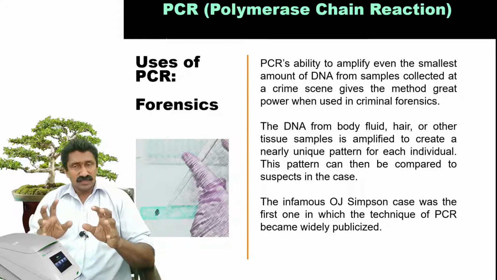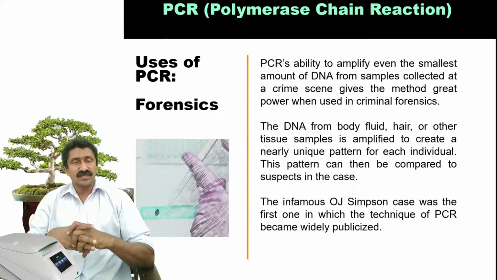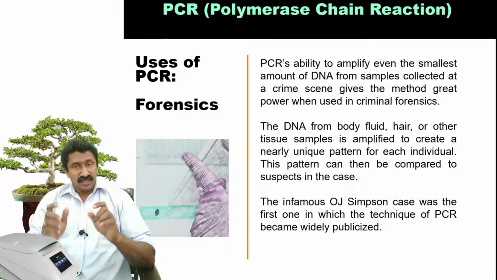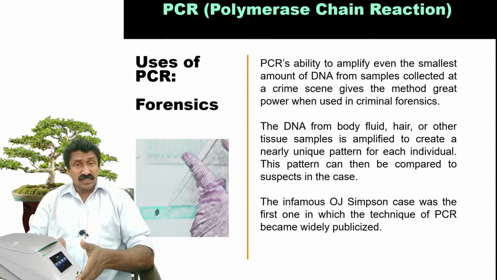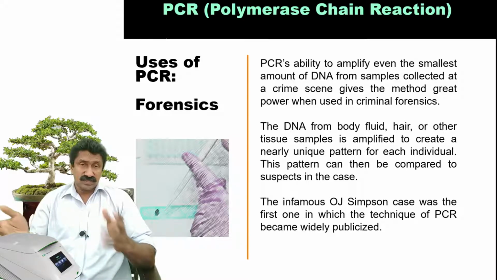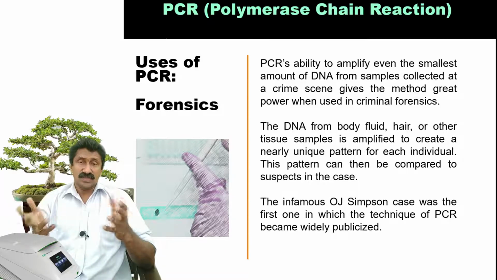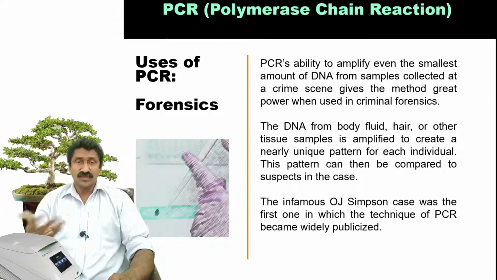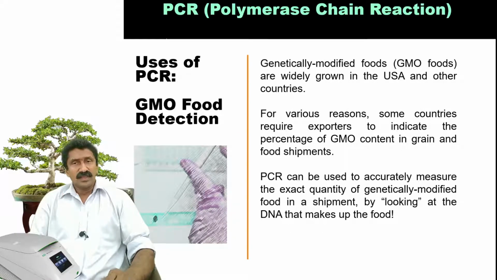So such a forensic analysis of the DNA sample is possible. And the infamous O.J. Simpson case was the first one in which the technique of PCR became widely publicized. There are various cases in which such forensic analysis of DNA samples is nowadays used for identifying the culprits.